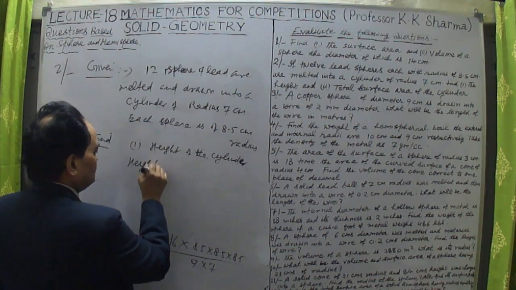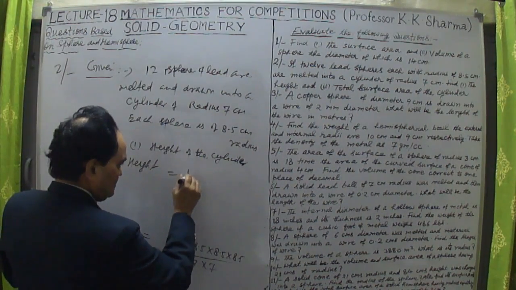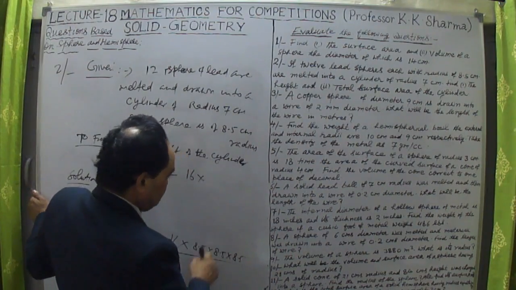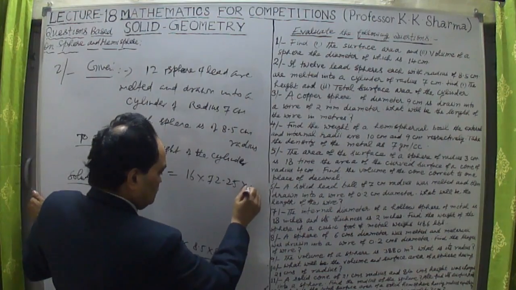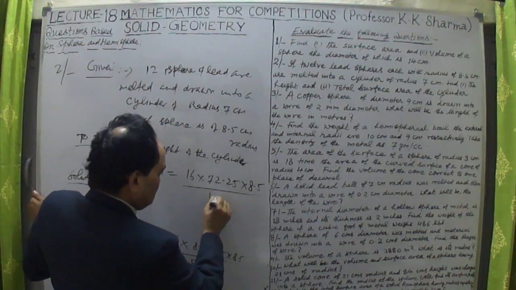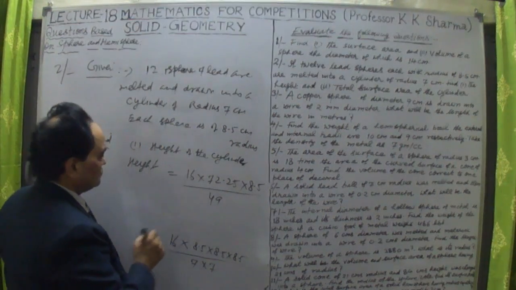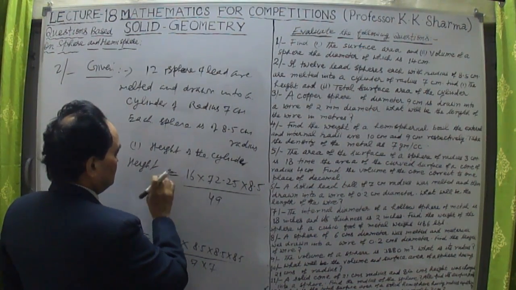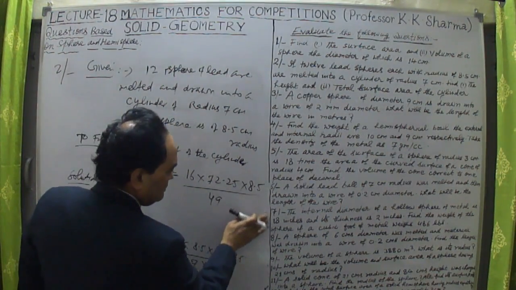Okay, so this is height we are calculating. Therefore, height of the cylinder is equal to this value. So this is 16. Let me just multiply them. 8.5 into 8.5, 9 8s are 72, this is 72.25 into 8.5 further, upon this is 49. Okay, because 7 is not divisible. So this is the value of the height here. Now if I find total surface area and this is height, then we can use it.